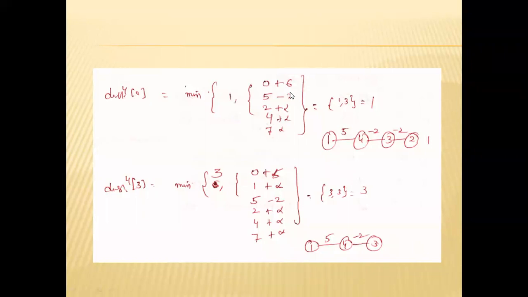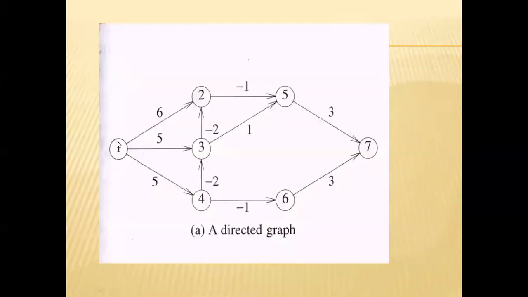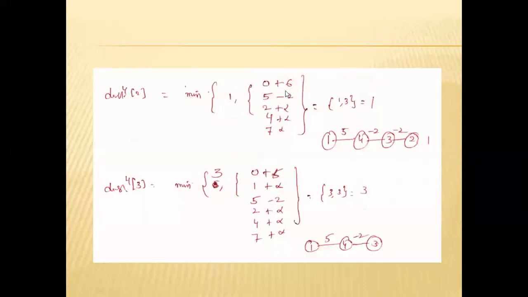First I comma u, that is 1 comma 2. Next 2 comma 2 we are not calculating, and next are 3 comma 2, 4 comma 2, 5 comma 2, 6 comma 2. Same, 0 plus cost of 1 comma 2.